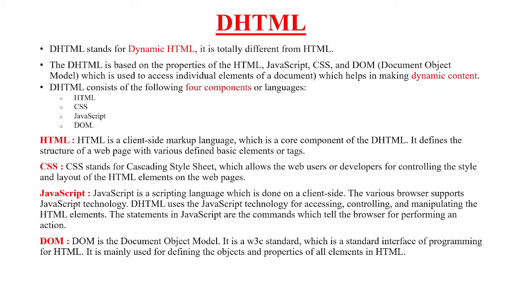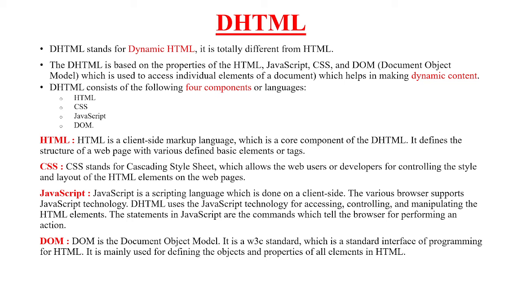These properties are used to access individual elements of the document, which helps in making dynamic content. These four properties are nothing but the four components of DHTML.